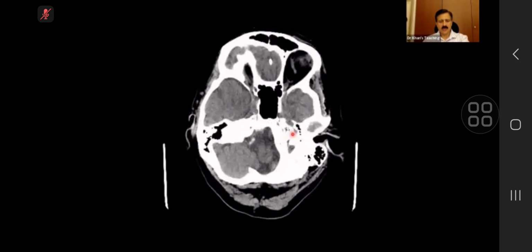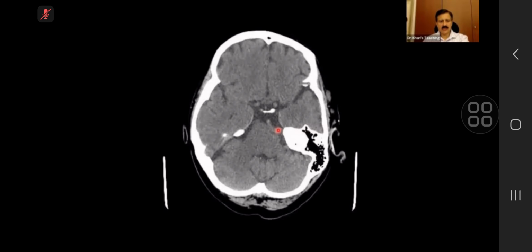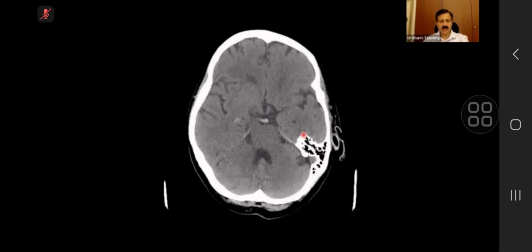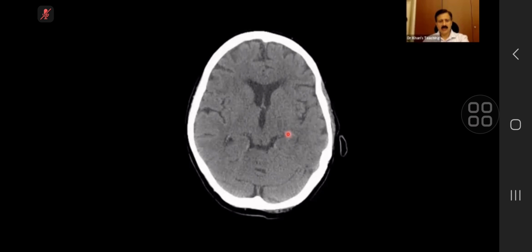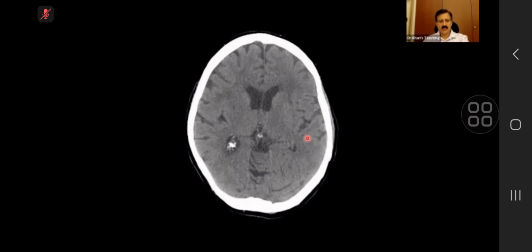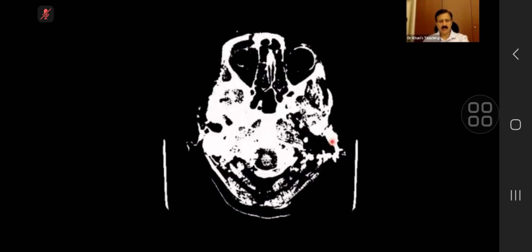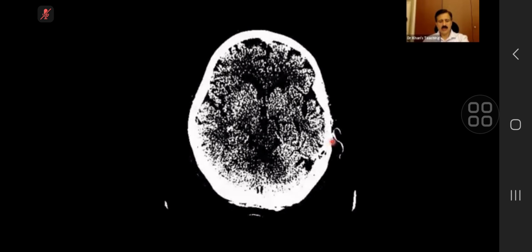And case 2 is this one, where this is the basilar artery. And as we are coming to the tip, you can see this high density. And this high density actually goes into the PCA on the right side. And so something may be in this thalamus also. And then this is the stroke window.